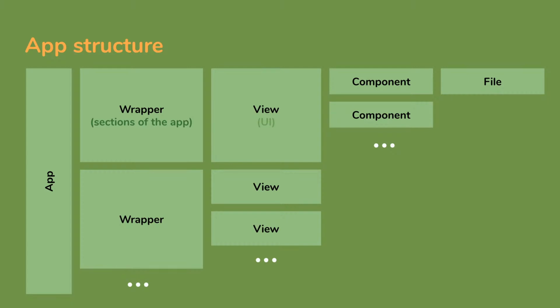Each wrapper can have a view, or it can also have several views. A view is where you design your user interface. Imagine again in WhatsApp, when you are watching the chat list, you have the wrapper, which is the main screen. Then in the center tab, you have the chat list.